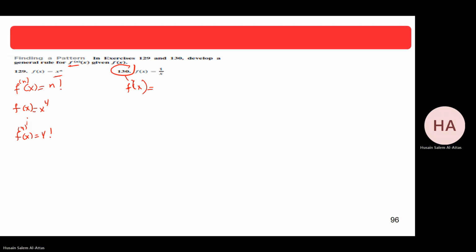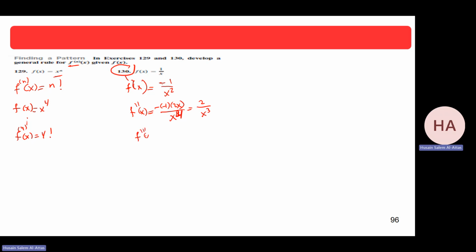Derivative of the numerator, which is 0 times x, so it will be minus derivative of x, minus 1, over x squared. Second derivative, it will be minus 1 times 2x over x cubed. And that will be 2 over x cubed. So this is x squared, squared.